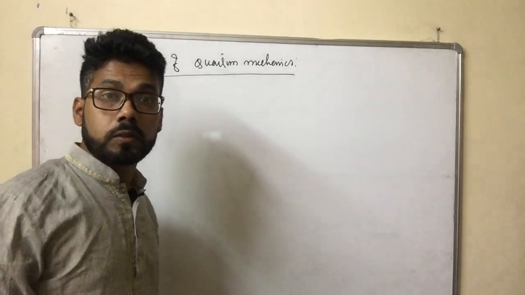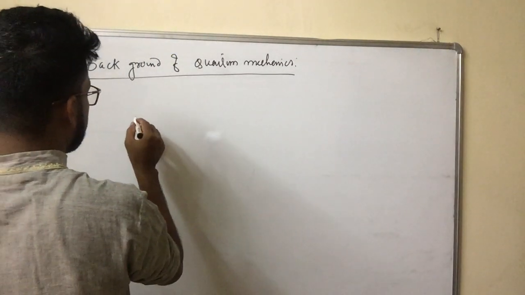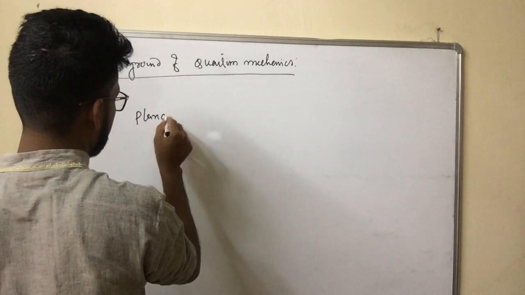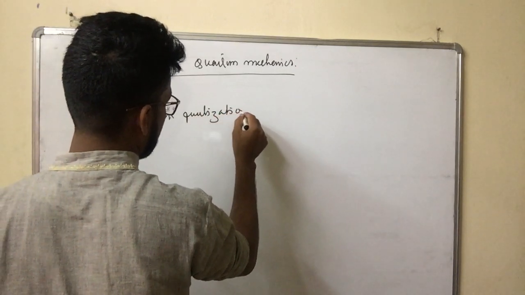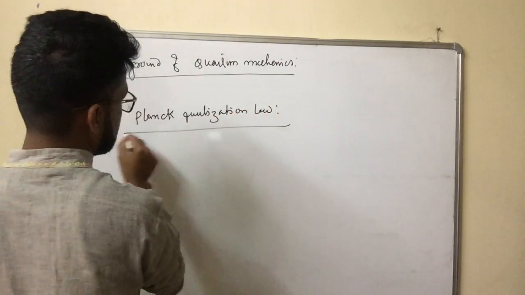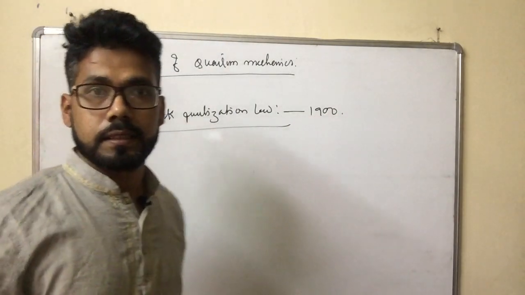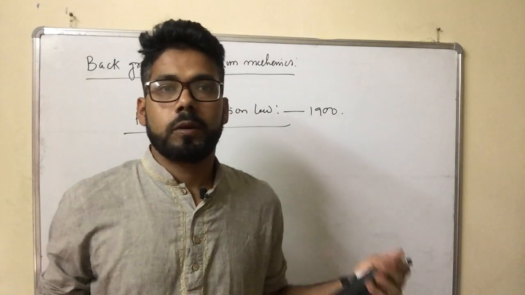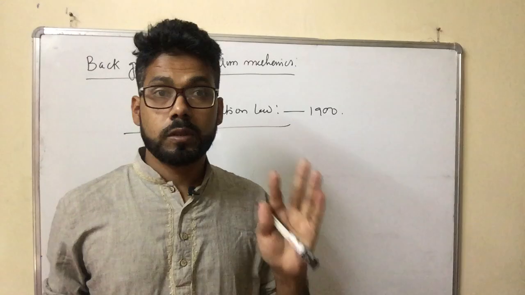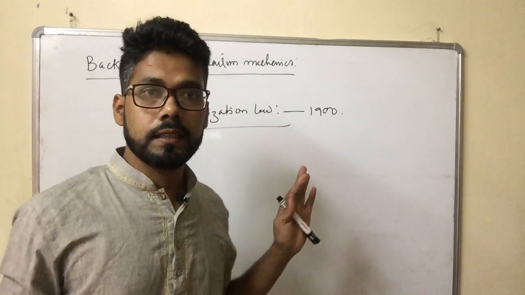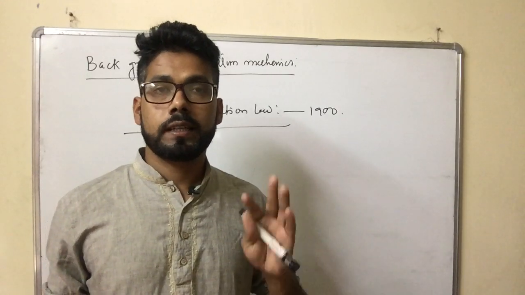So the first breakthrough comes in 1900, Planck's quantization law, which is known as Planck's blackbody theory. This first breakthrough was provided by Max Planck, which is also known as the quantization of energy.